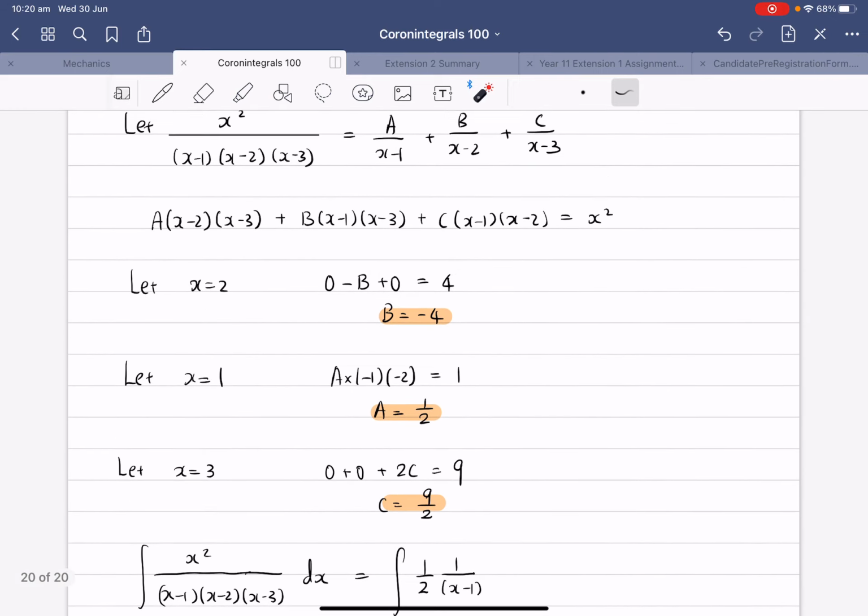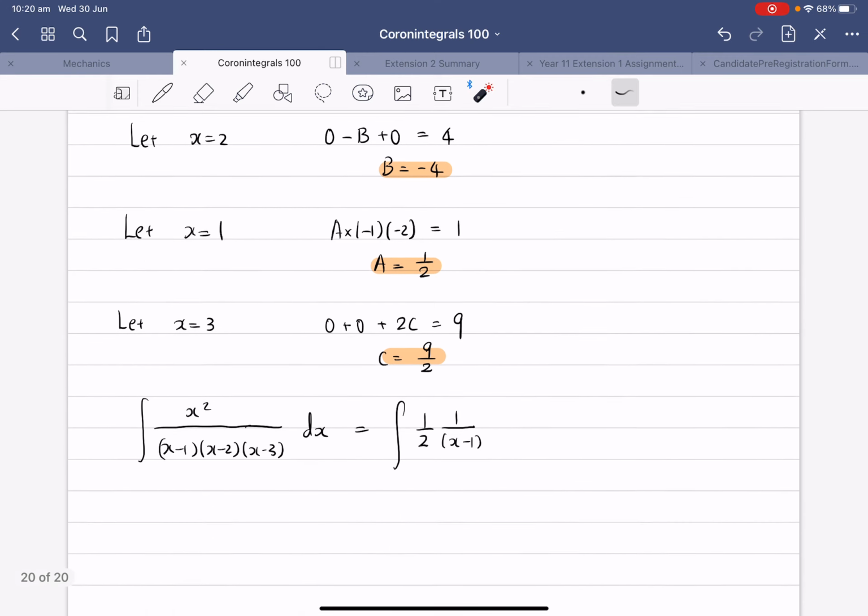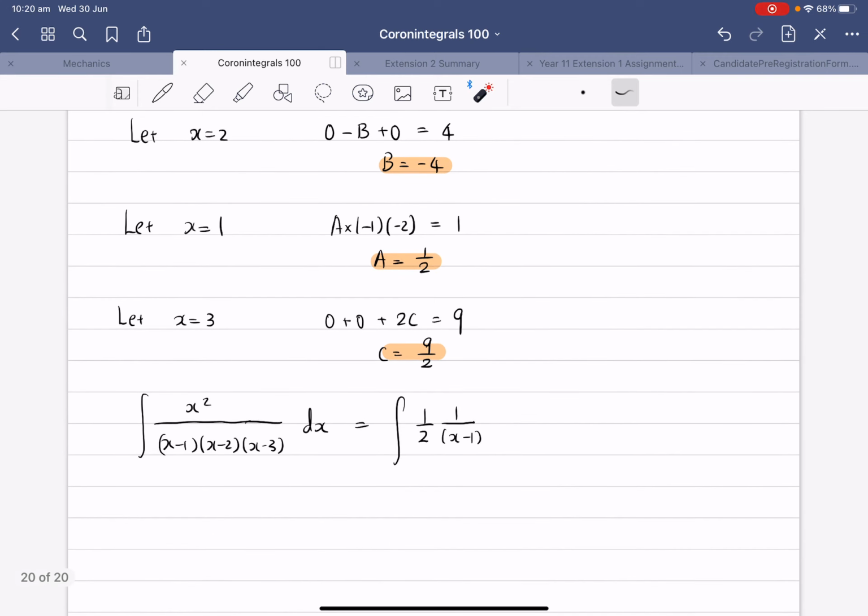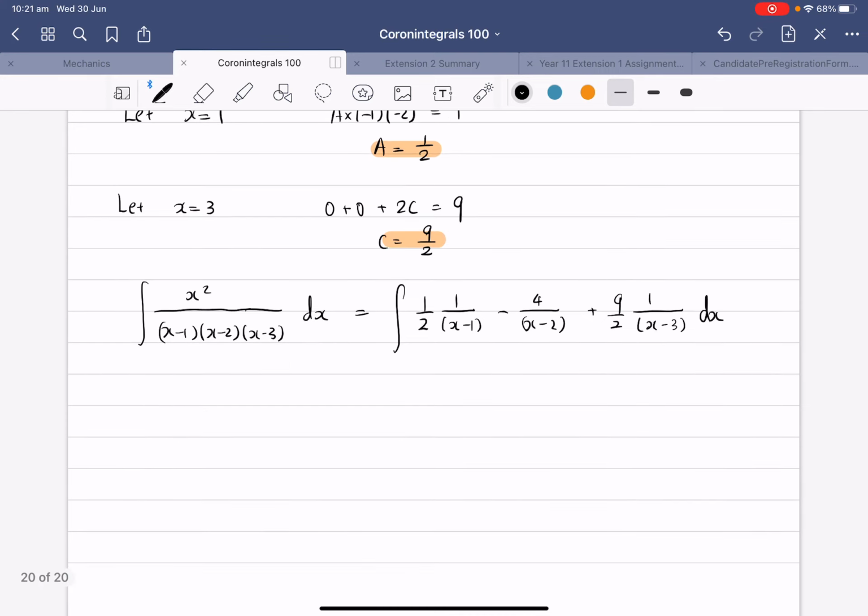The next one is b over x minus 2. We know b is equal to minus 4, so that becomes minus 4 over x minus 2. The last one is c, which is 9 over 2. Like I said before, put this as a coefficient, times 1 over x minus 3. Now we can integrate term by term using logarithm integration.